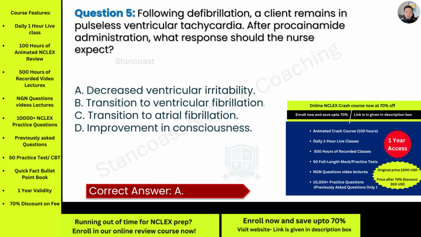Now, for the adverse effects, this is considered as a proarrhythmic drug. This can worsen or may cause new arrhythmias, such as torsades, particularly when used for prolonged treatment. And it can also lead to lupus-like syndrome. This can lead to joint pain, fever, rash that will mimic lupus.